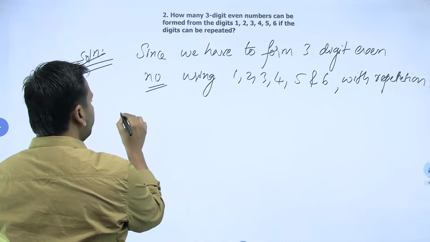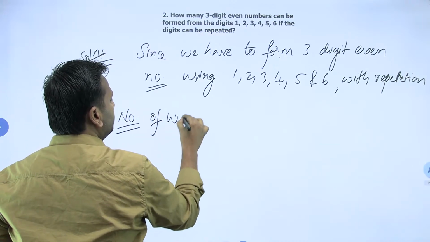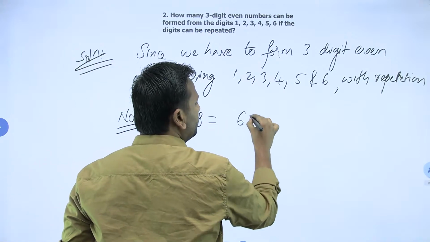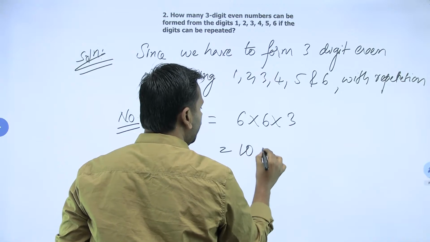So in how many ways can we do this, students? Therefore the number of ways will be, what is the number of ways here? 6 into 3. So that is 108.